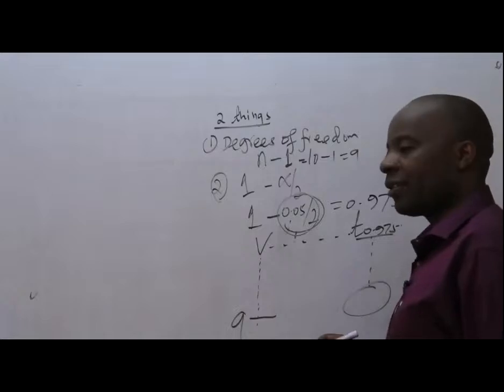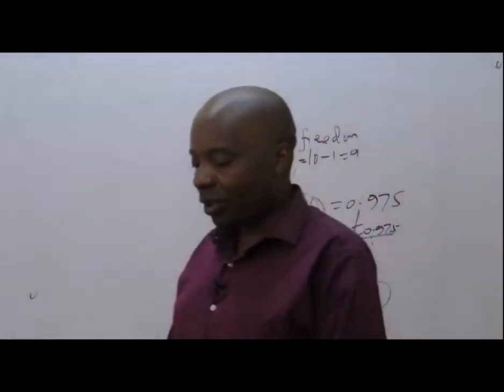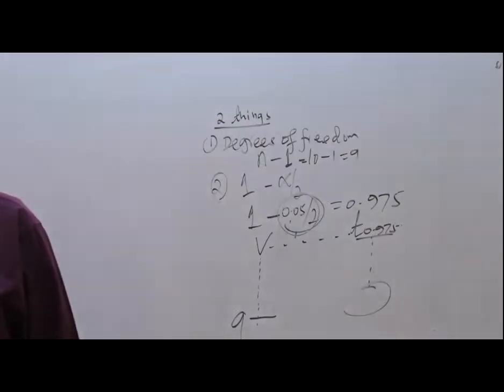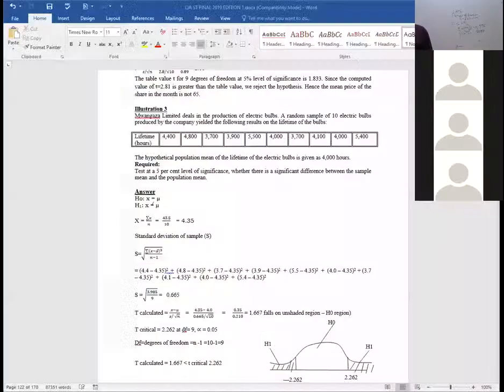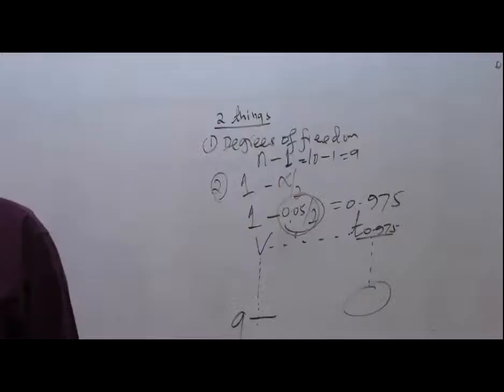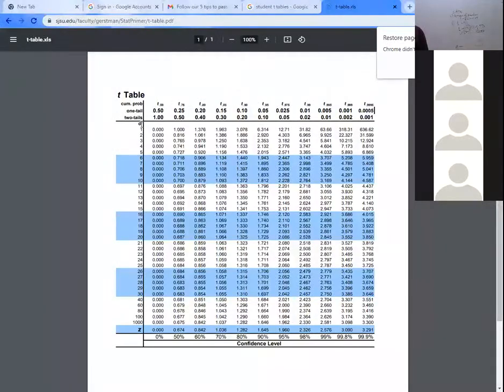In short, to demonstrate using the table, this is T critical, not this one. You can see degrees of freedom V, you go to 9. And for T.975, it is here. At the intersection, you'll be able to see 2.262.